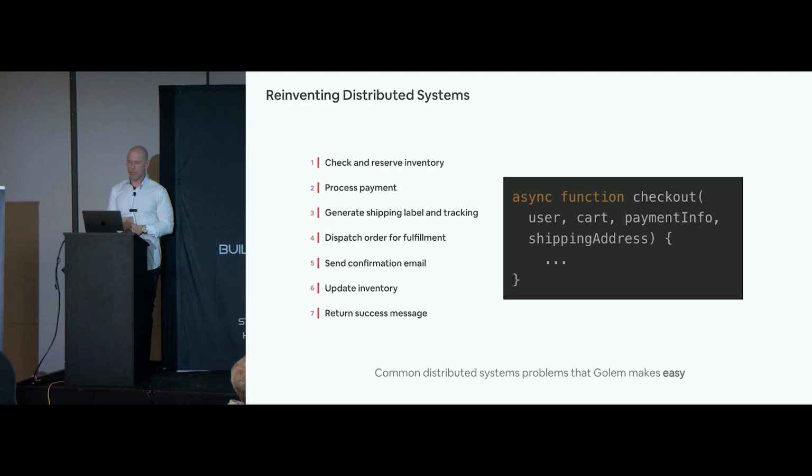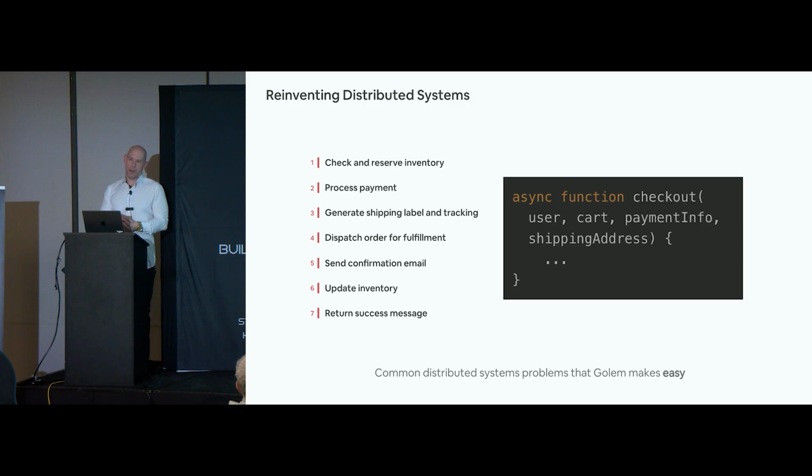I'll give you an example of common distributed systems problems that Golem makes almost impossibly easy. An example is you're writing a checkout routine for an e-commerce app and you want to do all 7 things. Right, if you try to do that using Lambda, you've made broken code.